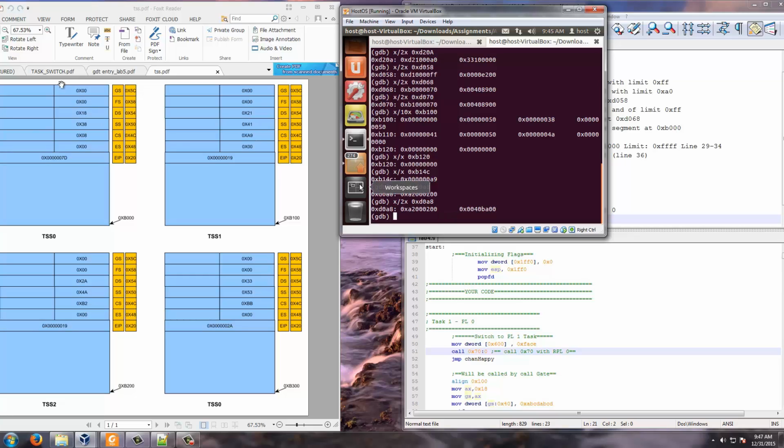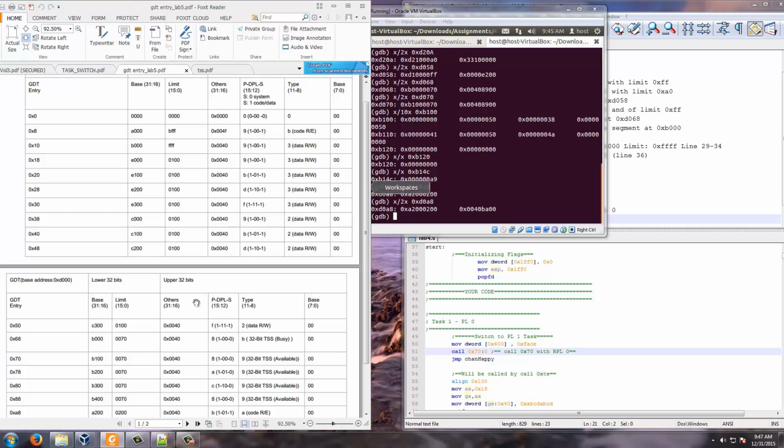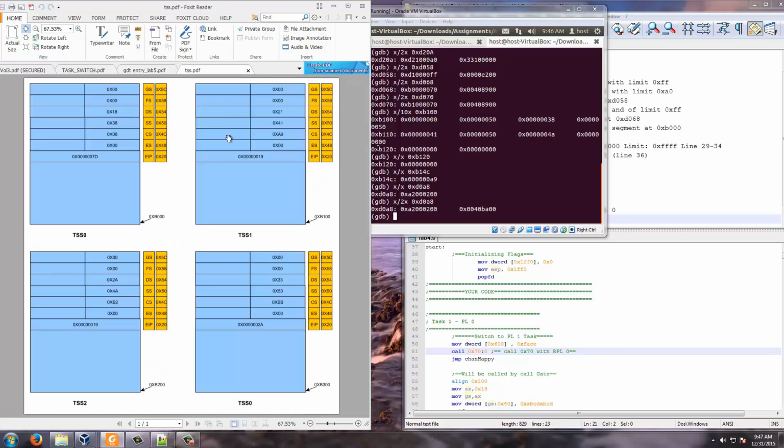This is a descriptor at D0A8. So I start executing at A200 with an offset of 0000, since the EIP to start with is 0000. I execute with privilege 1, using a privilege 1 code segment, so my current privilege level becomes 1.